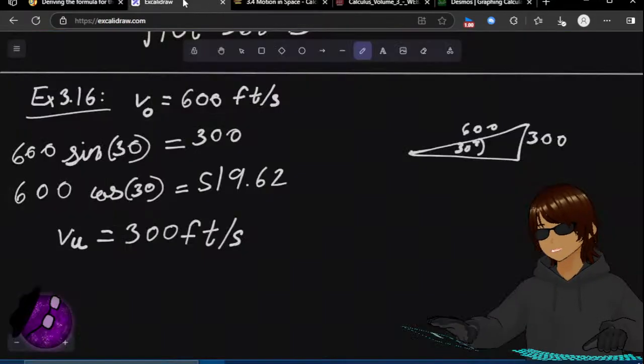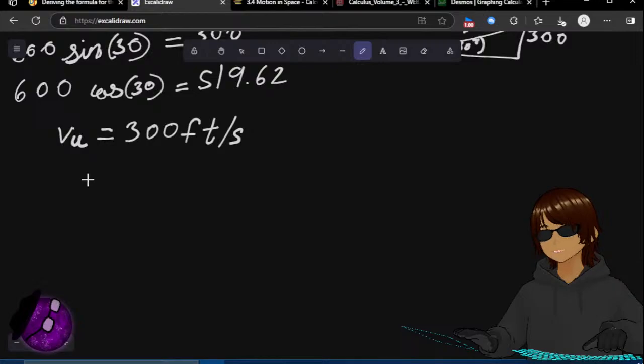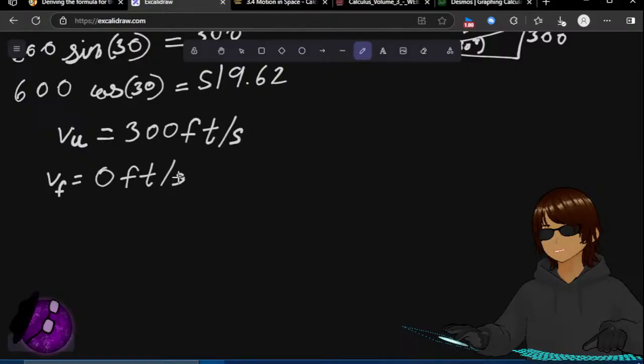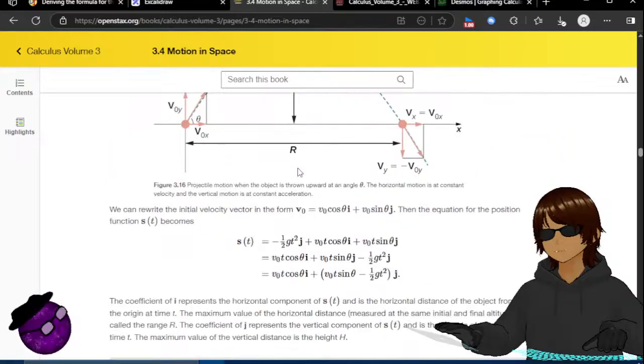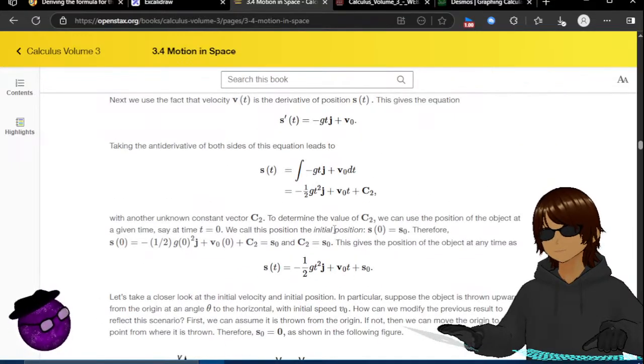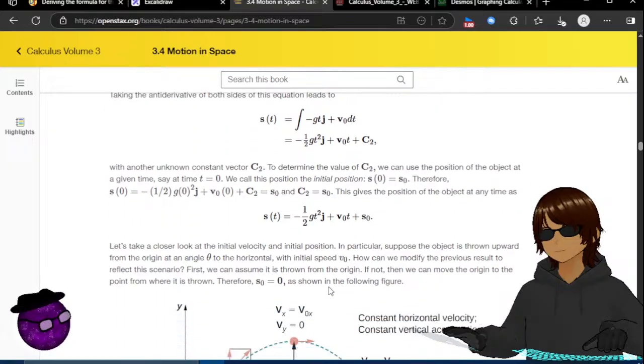Now, if we use this as positive 300, let's say the final velocity is 0 feet per second. So that is when it reaches its maximum height. Let's assume the initial position is 0.